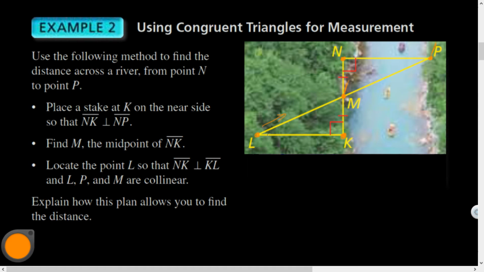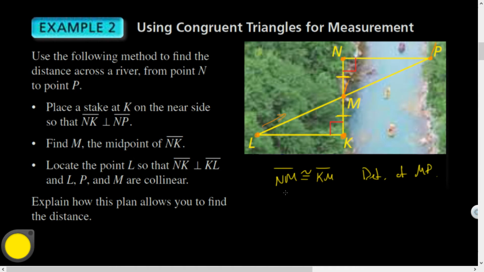So you find a point that is collinear to M and P, which is actually the way they phrase it right there. Explain how this plan allows you to find the distance. Well, first of all, how are we going to prove these triangles are congruent? If these are perpendicular, they are right angles by definition of right angle. We'll label some of this. I'll say NM is congruent to KM by definition of midpoint.